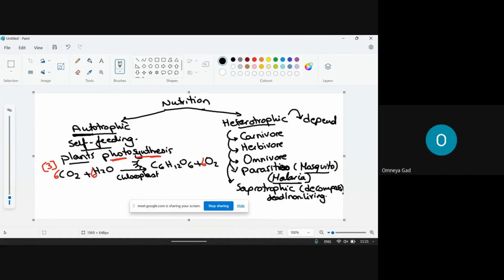So if a person is going to die or a plant will die, or even food like bread, vegetables, fruits, this kind of bacteria is going to find them, and they will secrete a substance called extracellular enzyme, I mean chemical or enzyme, out of their body to digest them, to turn them from insoluble into soluble, so they can absorb them and get benefits out of them.